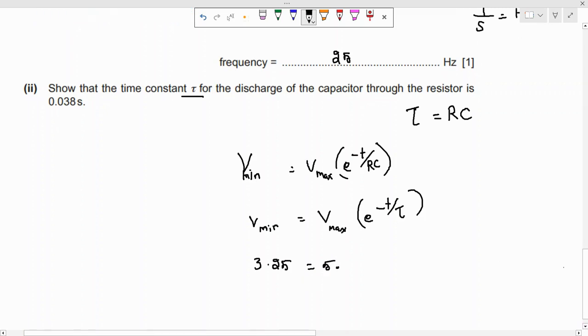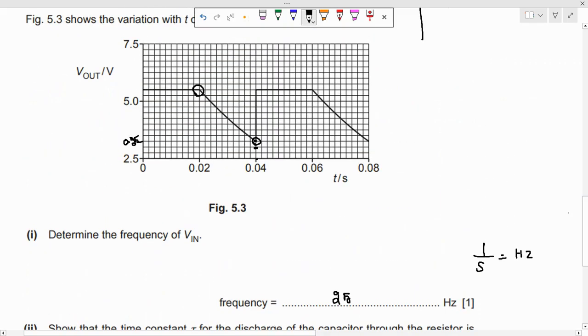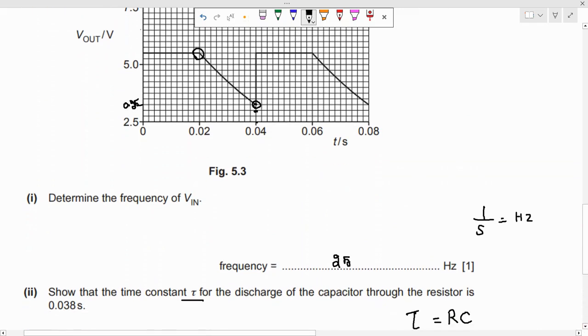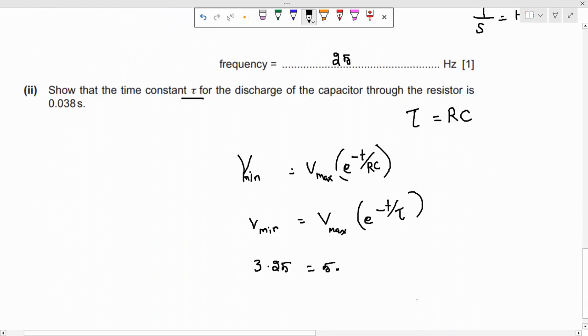Let me check that one. Every small division is represented as 0.25, right? So 5.5, and exponential to the power 0.02.